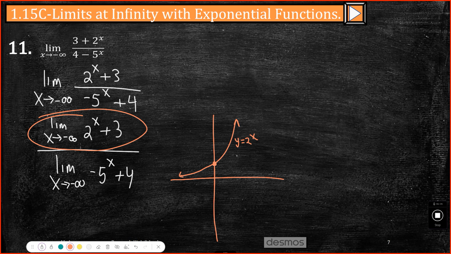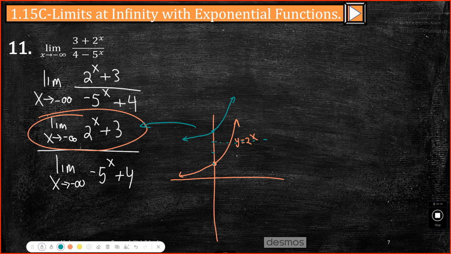And then, what kind of shift? Isn't it shifted up 3? Yes or no? Yes. So I'm going to shift it up 3. So this one is going to go up 1, 2, 3. And so this is the graph of this top function. It does have a horizontal asymptote at 3.